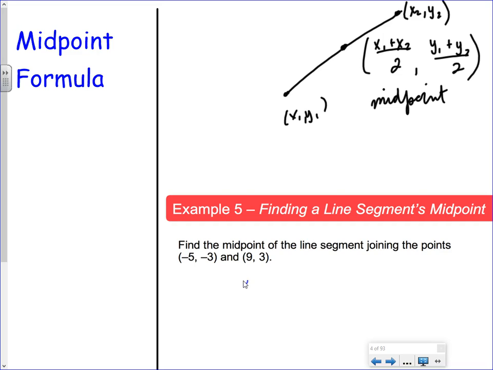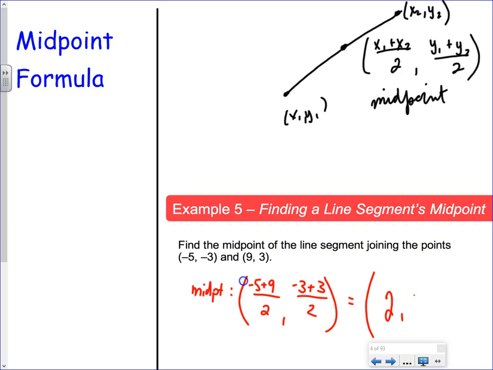No. So my midpoint is going to end up being... Simplifying that. Anybody do it yet? Isn't it 2 and 0? Yep. Got it.